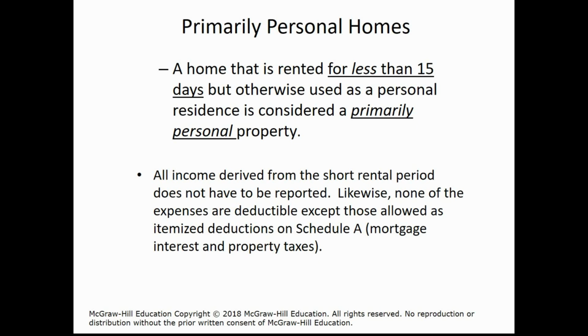They just vacate the home, and they can command a very high rental for golf enthusiasts who want to watch the tournament down in Georgia. And so they'll leave their home rented out, make some good money, but because they rented it out for less than 14 days, it's considered primarily personal, and they don't need to record or report that income on their taxes.